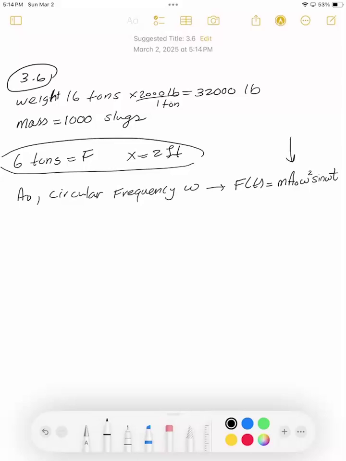So that's the external force. What is the natural frequency? So part A, find the natural frequency.